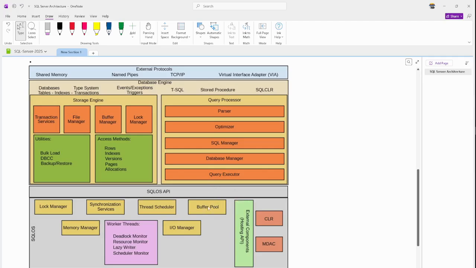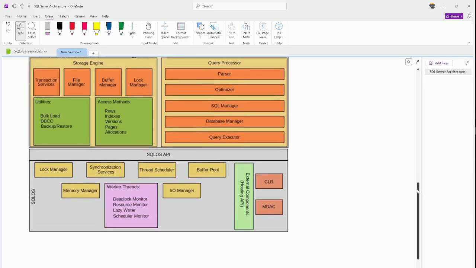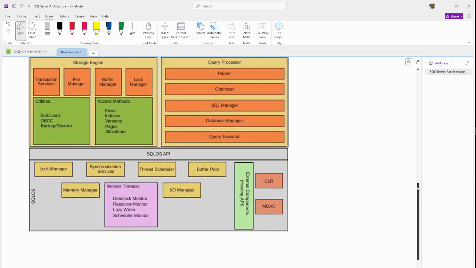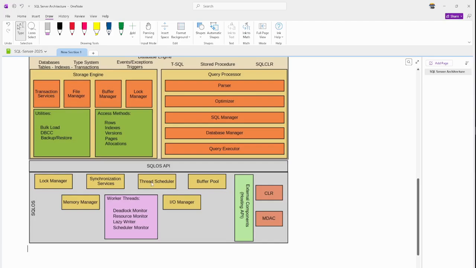This layer is what makes SQL Server so efficient, as it manages the resources itself rather than relying entirely on the host OS, which might not be optimized for database workloads. So let's see what the SQLOS components are. First, the thread scheduler.